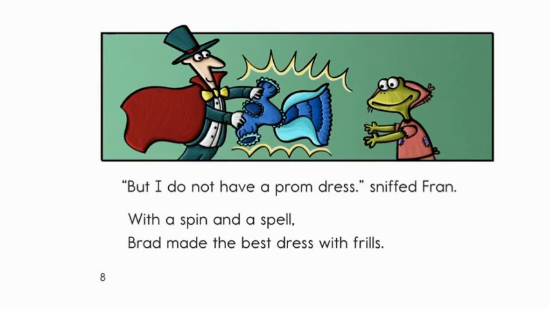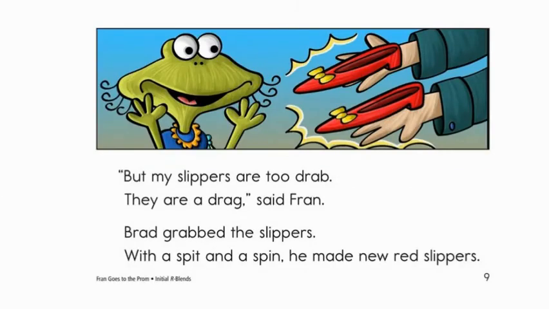"But I do not have a prom dress," sniffed Fran. With a spin and a spell, Brad made the best dress with frills. "But my slippers are too drab. They are a drag," said Fran. Brad grabbed the slippers. With a spit and a spin, he made new red slippers.